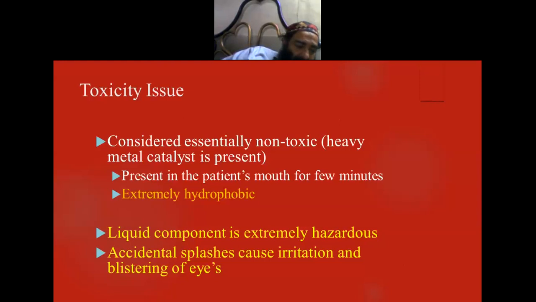Again, the reason given by manufacturers or other authorities is that it is present in the patient's mouth for a few minutes and is extremely hydrophobic, so nothing to worry about. The liquid component is extremely hazardous. Accidental splashes cause irritation and blistering of eyes, so be careful.